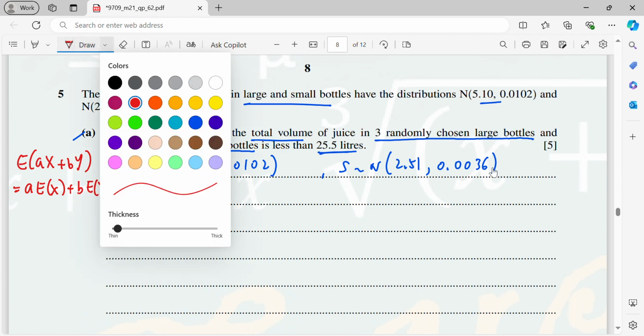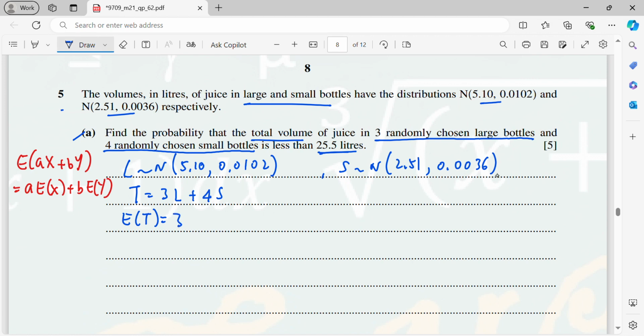Therefore here I will get 3E(L) plus 4E(S). E is actually the mean. E(L) is the expected value, which is 5.10, plus 4 of expected S, which is 2.51. And then you will be getting the answer of 25.34. Okay, that's the mean. And now the variance.